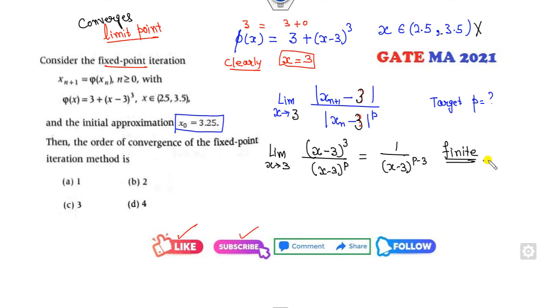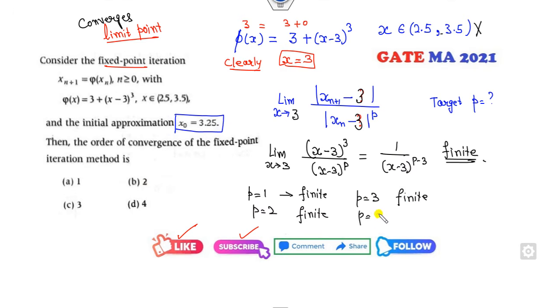Now can you find the limit? Again, it's very simple. If I take p equal to 1, it's finite, because the exponent is 2, I can substitute, it's 0, it's finite. When p is equal to 2, again finite. When p is equal to 3, again finite.